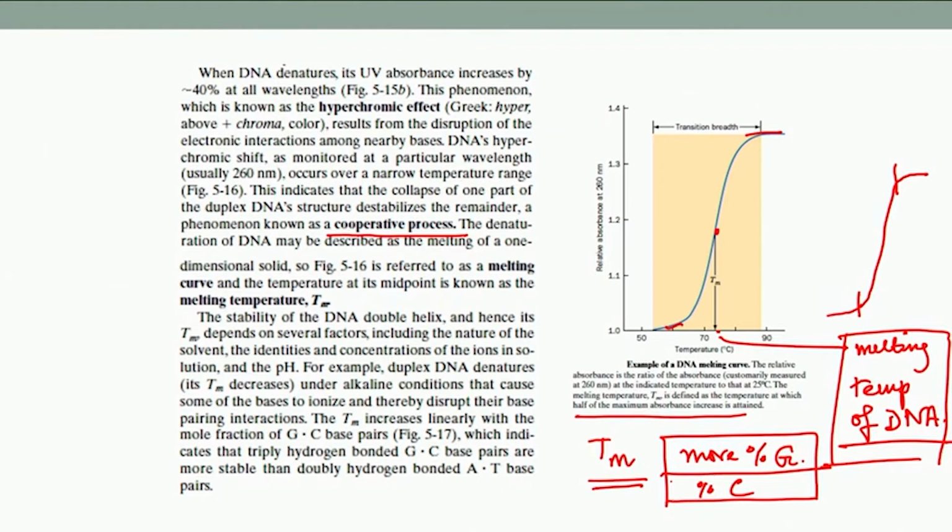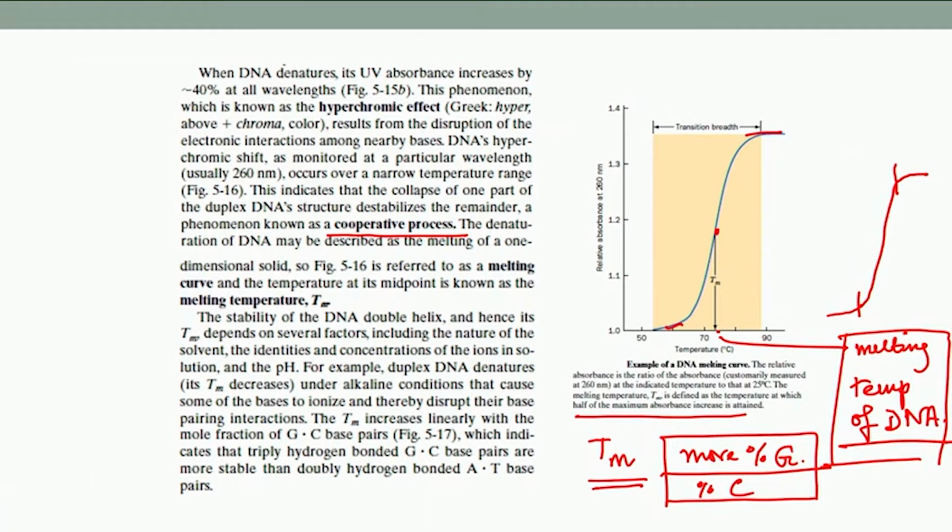The two strands are connected by a larger number of hydrogen bonds, because G is more, C is more. Okay. So, your Tm will increase, because it will require more energy now to separate the strands. So, the first thing is that Tm depends on the percentage of GC content.